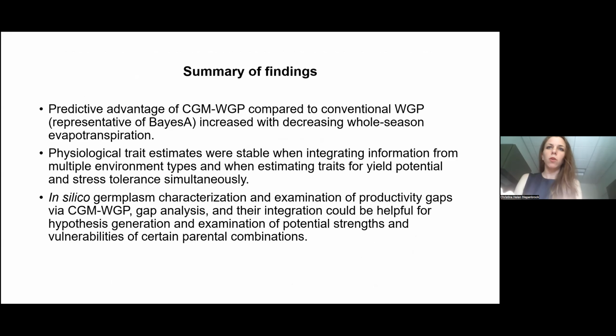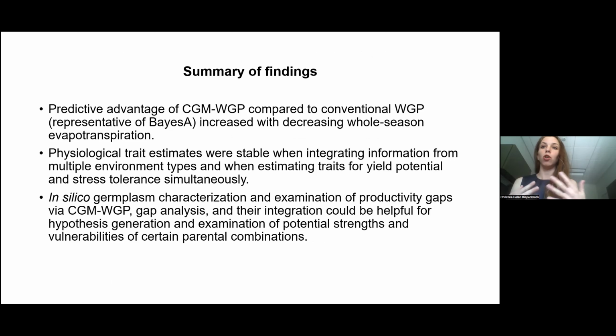So we did note, and this is a finding that Charlie Messina and team had found in one of their previous papers as well, that Cgm-WGP looked to have increased utility in situations of more extensive G by E interactions, or genotype by environment interactions. We found specifically in the context of this paper that Cgm-WGP had a predictive advantage, particularly in instances of decreasing whole season evapotranspiration.